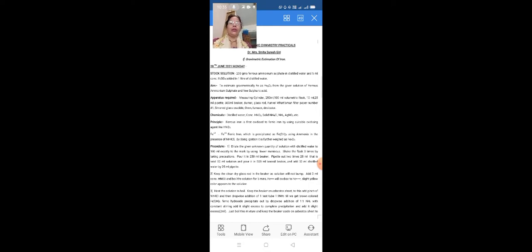In this solution, which chemicals are you having? Ferrous ammonium sulfate, so iron, SO4 and ammonia, and distilled water, to which we added concentrated H2SO4 and made it 1 liter.